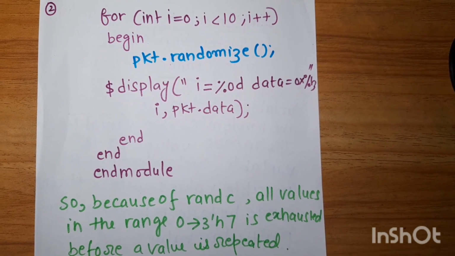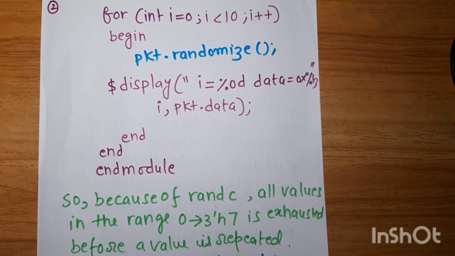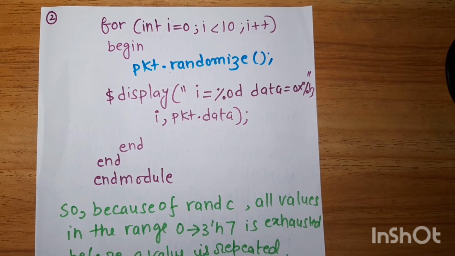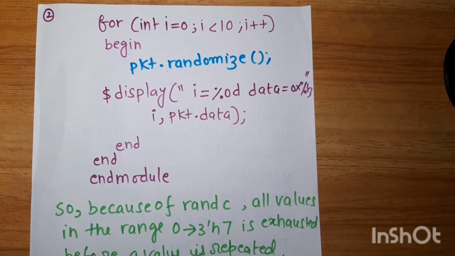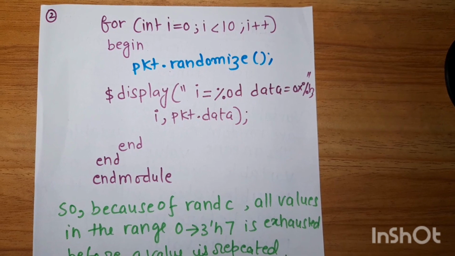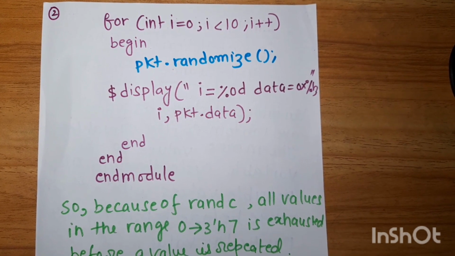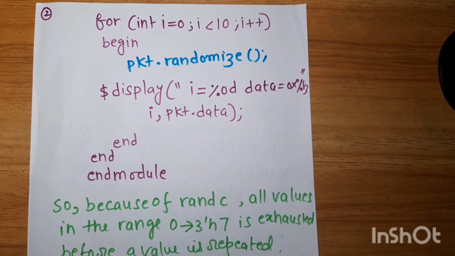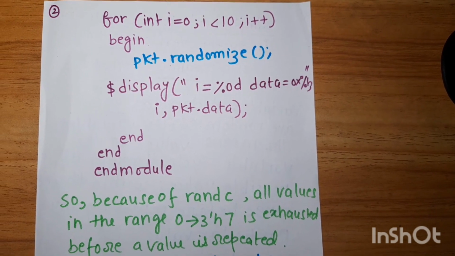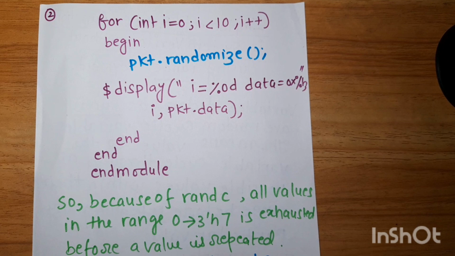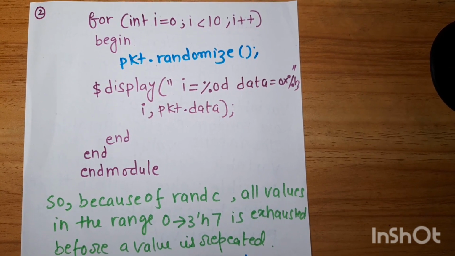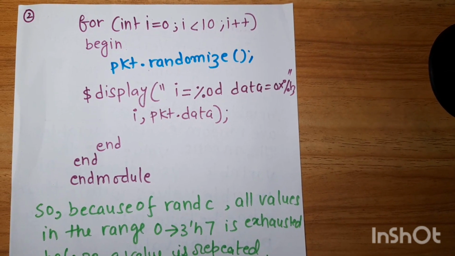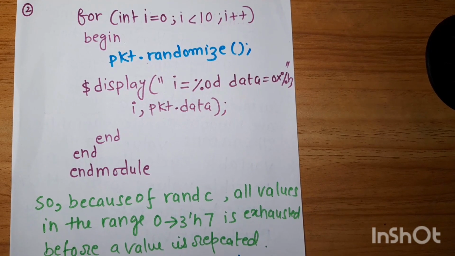Then a for loop, for i equal to 0, i less than 10, i plus plus. Inside the begin end, the packet is randomized, pkt.randomize, and for every i value, looping from 0 to 9, I display the value of pkt.data. Then endmodule.